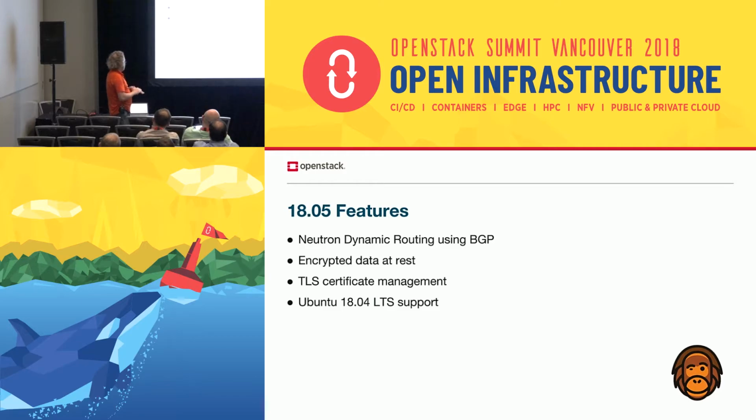We've got two security-related features, one around encryption of data at rest, which I'll talk about in a little bit more detail, as well as TLS certificate management. So the charms have had support for managing SSL certificates for API services for some time. There were two ways of doing it. One of them was very much a dev test, internal snake oil CA type affair.